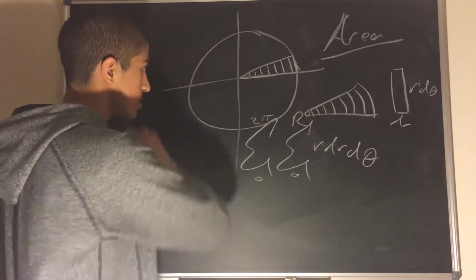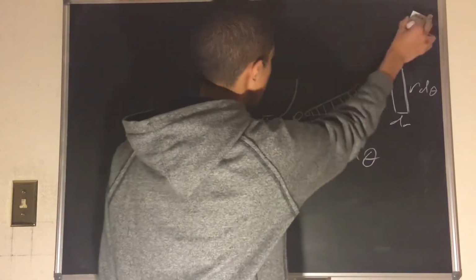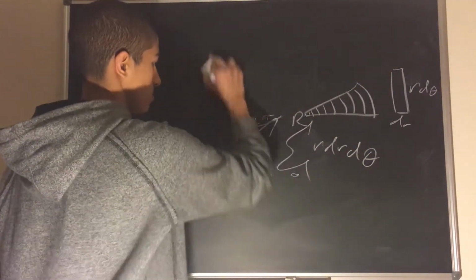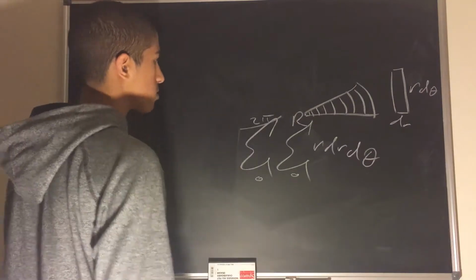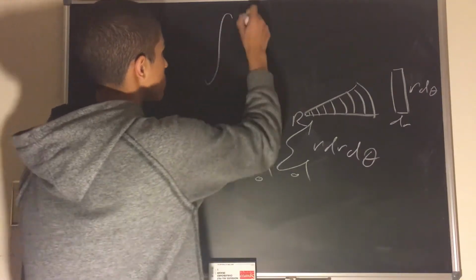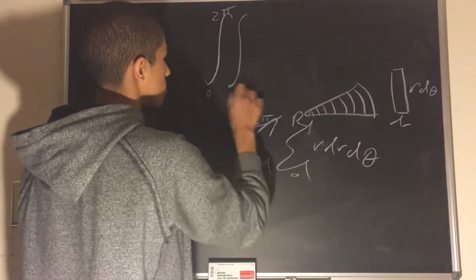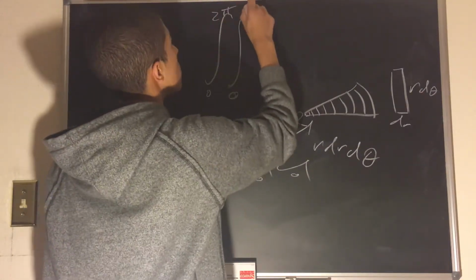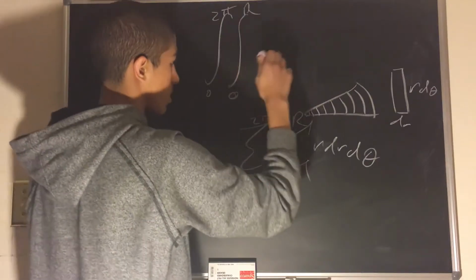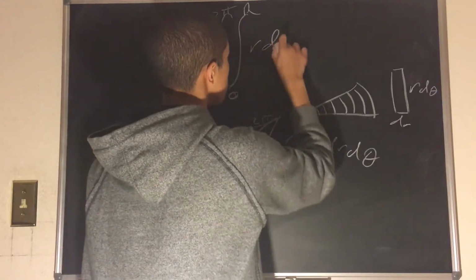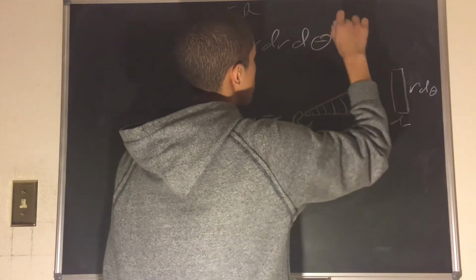So if we write out this double integral, we have integral 0 to 2 pi times integral 0 to R of r dr d theta.